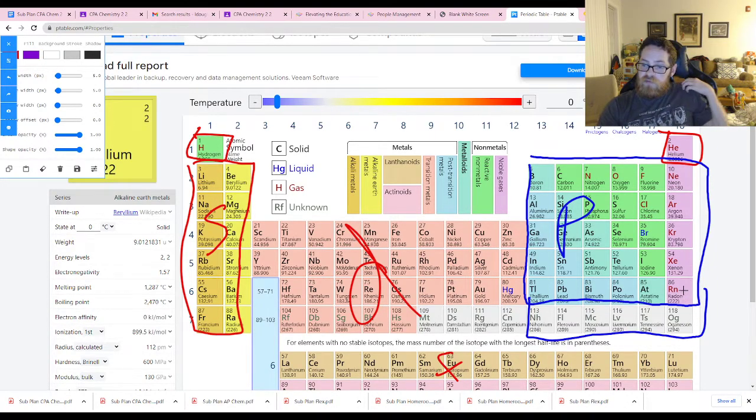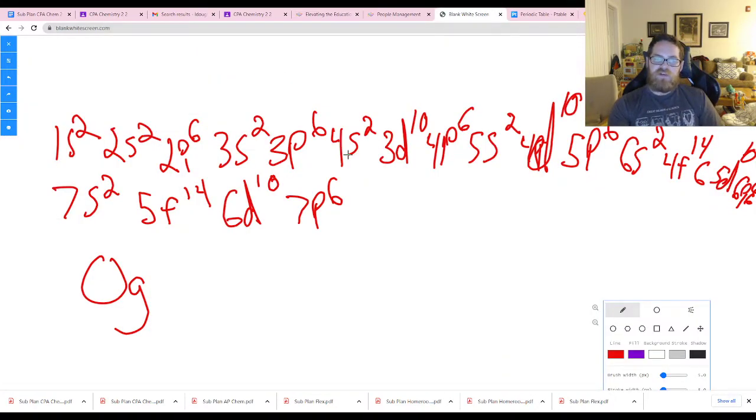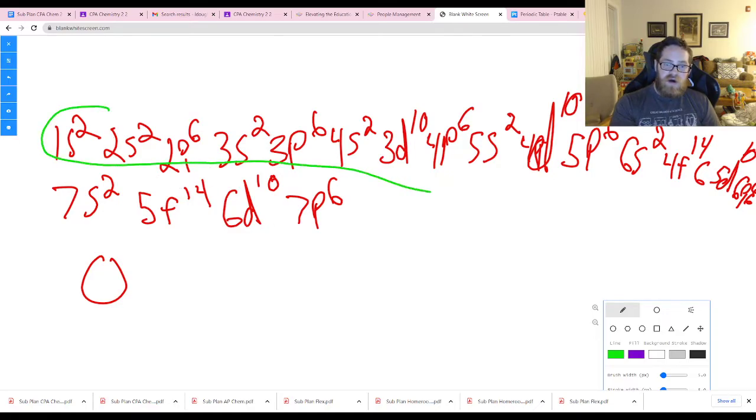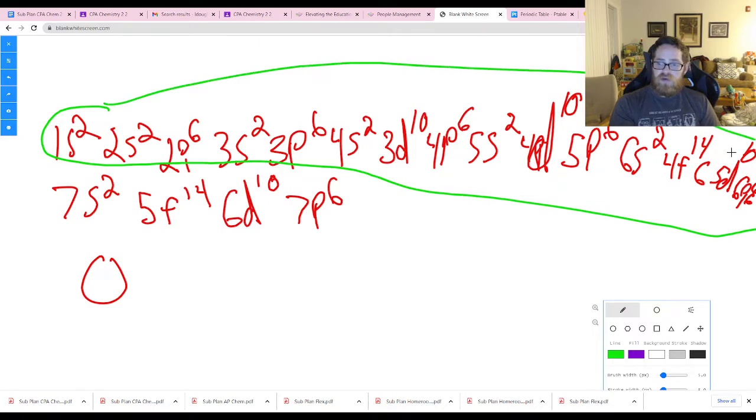So, for example, the previous noble gas from oganesson was radon. The noble gas configuration of radon would be all of this whole thing right here, leading up to 6p6.